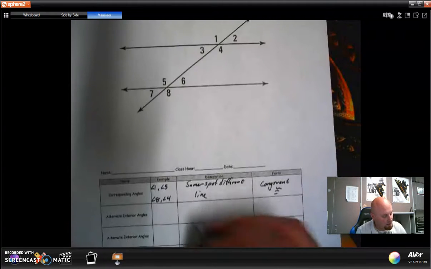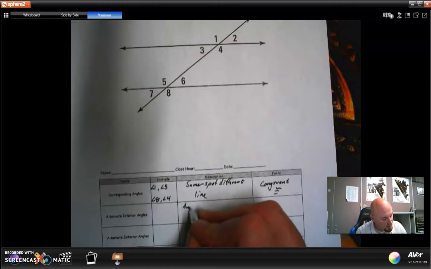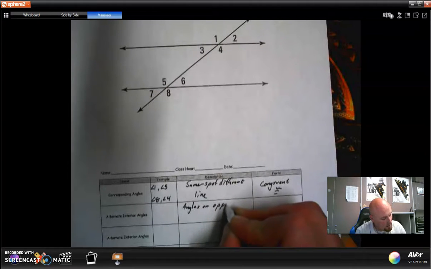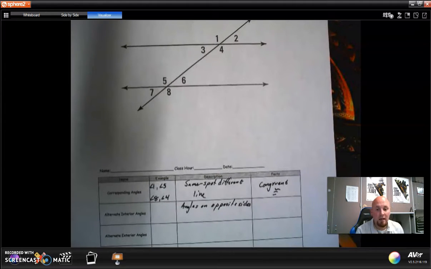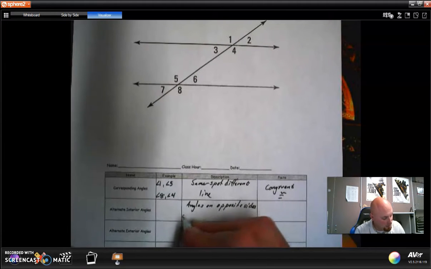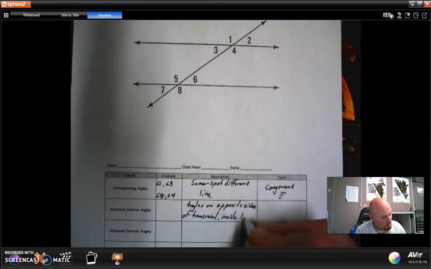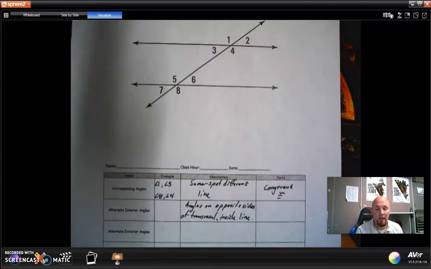Next one, alternate interior angles. Alternate interior angles are angles on opposite sides. Make sure you're writing these down. Angles on opposite sides of the transversal, but inside the lines, the parallel lines, okay?